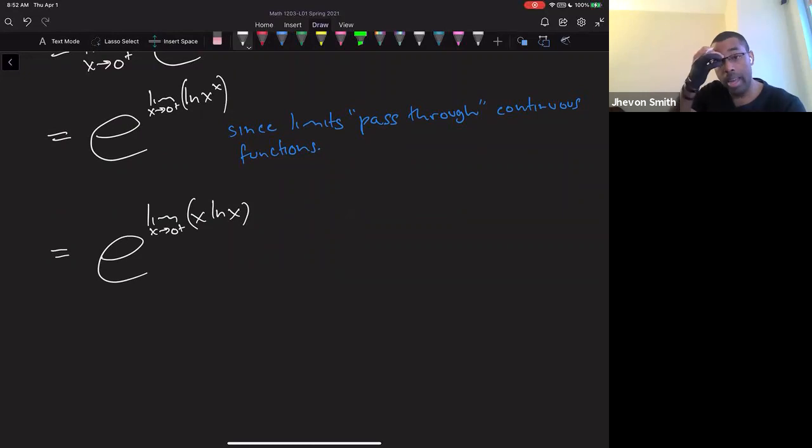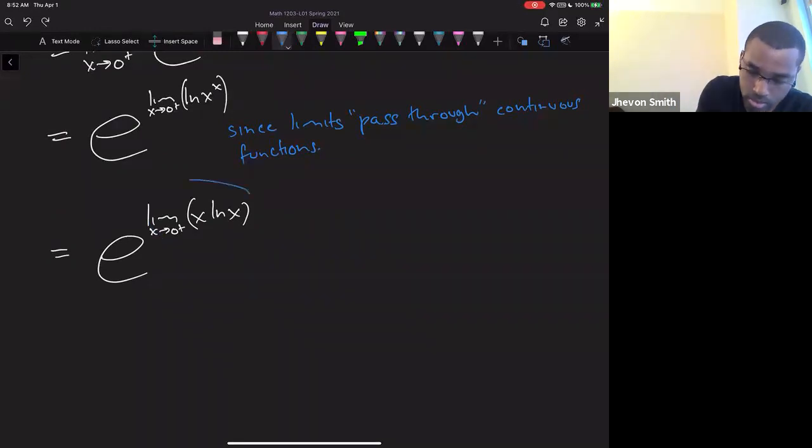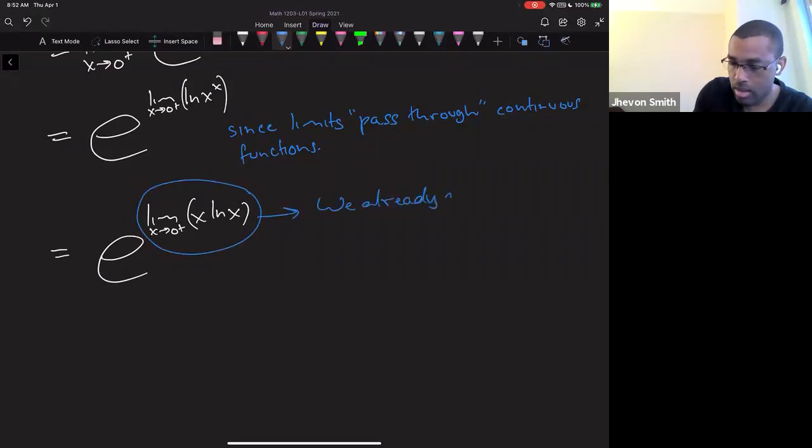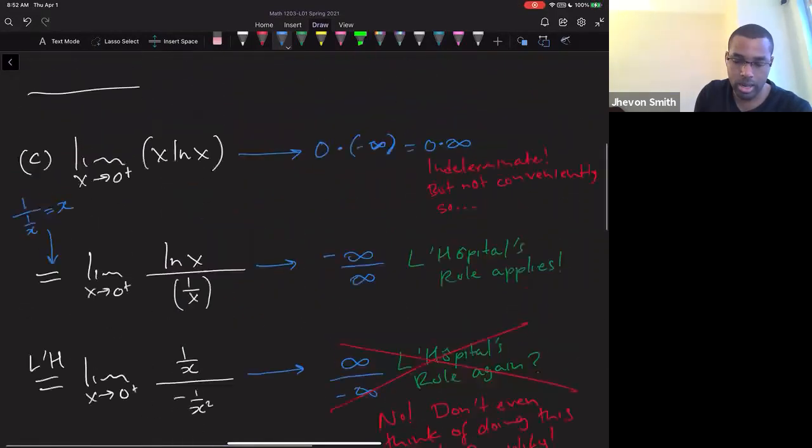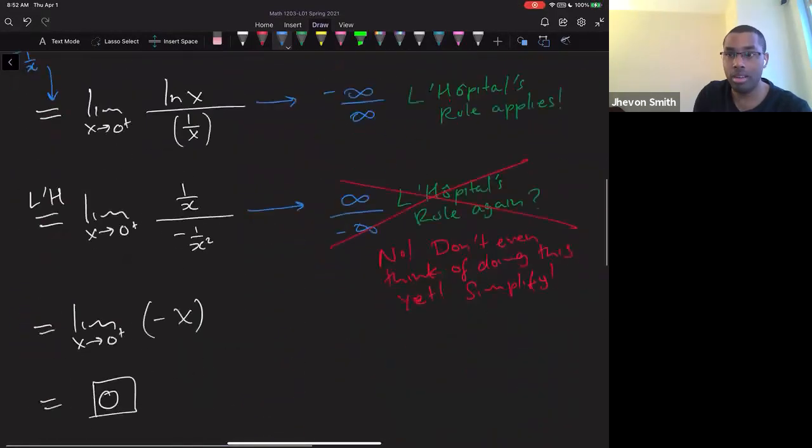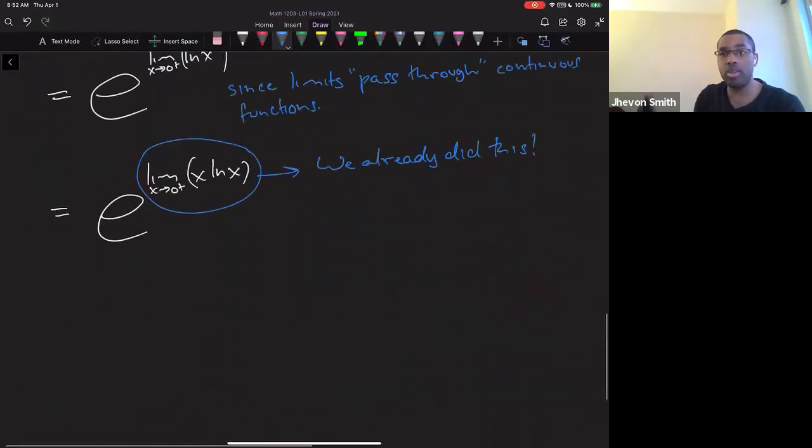And then, notice what limit we have here. We already did this. That was the example we just did above, C. But I'm going to redo it on the spot just so for you to see what it would look like.